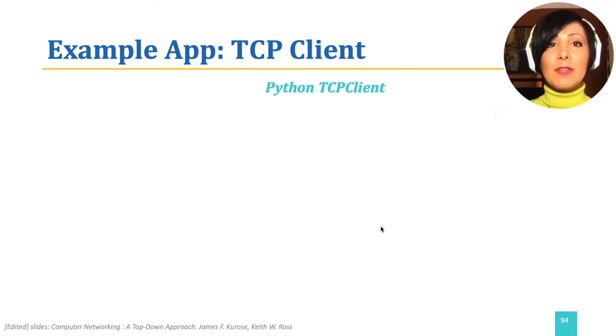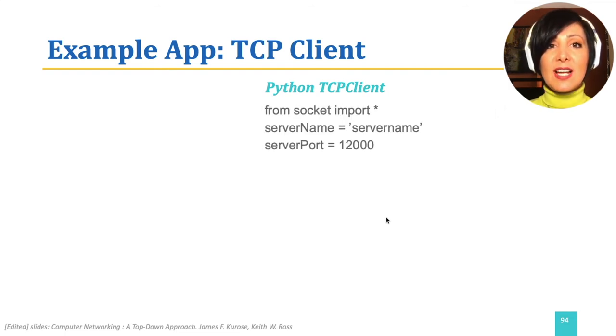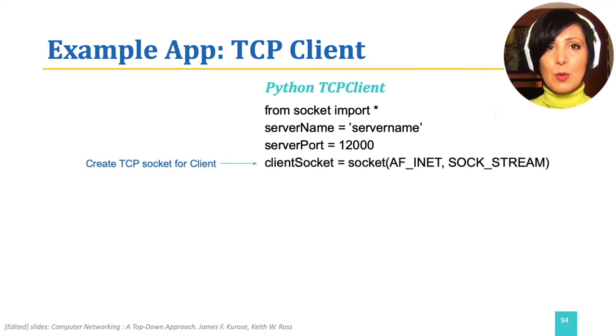Let's take a look at the client side of our program for TCP socket communication. Many parts of the code, like importing the socket library and assigning a name and port number to the server, are similar to the UDP socket program that we previously discussed, and we will skip describing their details. Let's go to the first difference, which is in the creation of the client socket.